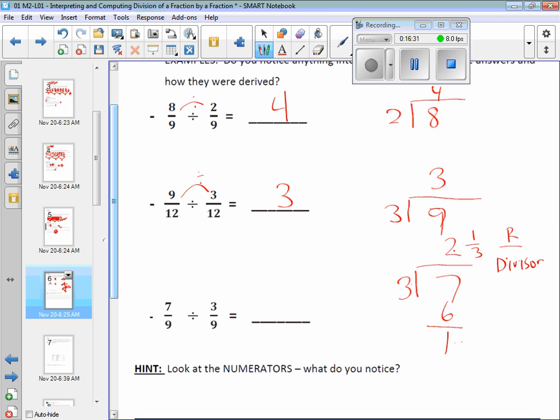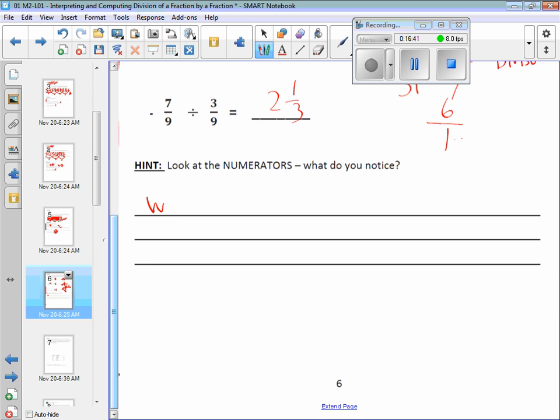All right, let's write the summary down. So the denominators are the same. We get the answer by dividing the numerators.